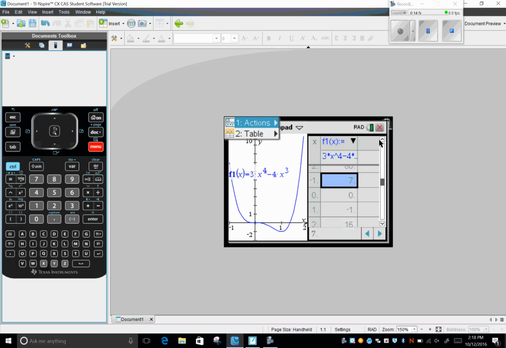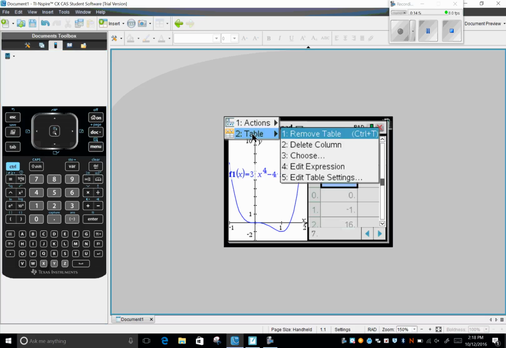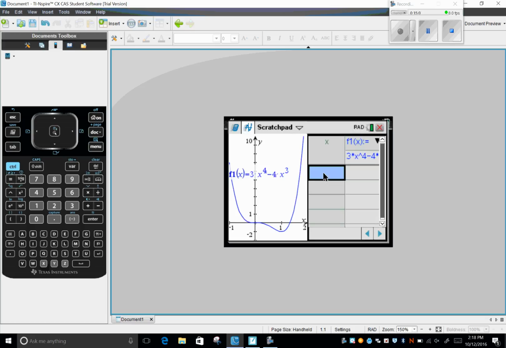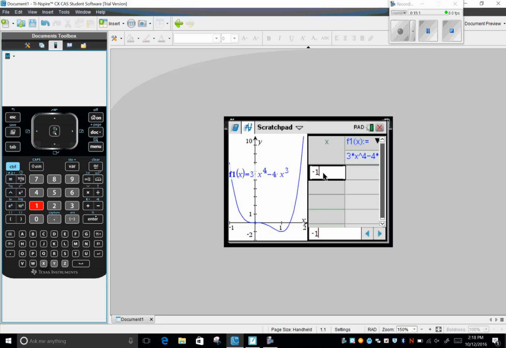So if you hit Menu and you go to tables, we can edit table settings, and then independent, we can change it to ask. So it'll ask us what we want to type in. So let's say our left endpoint was -1, and that gave me an output of 7. We had a critical number of 0.